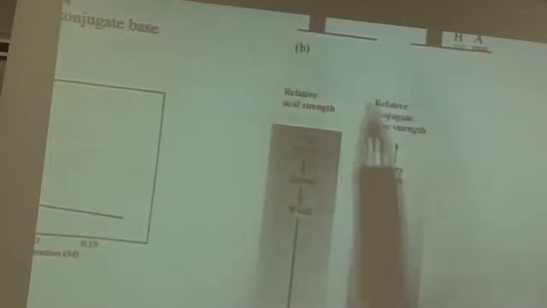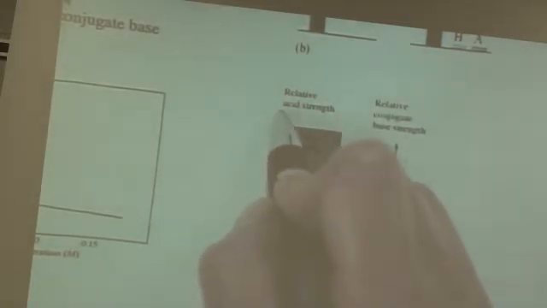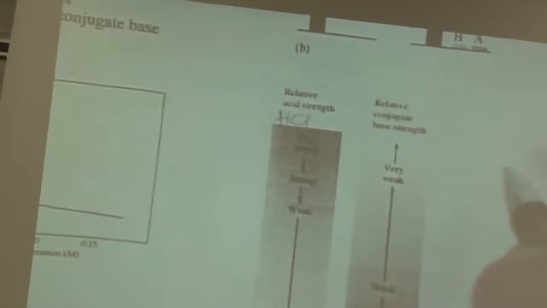The strength or weakness of a conjugate base depends on its ability to attract a hydrogen ion. So here is an acid, and its conjugate base would be weak because it has very little attraction for a hydrogen ion floating around. That's what makes it weak.